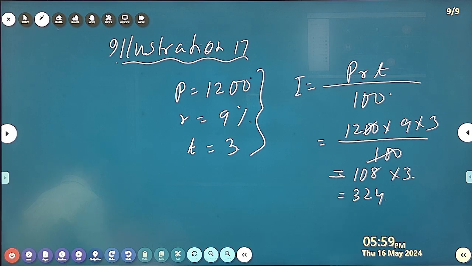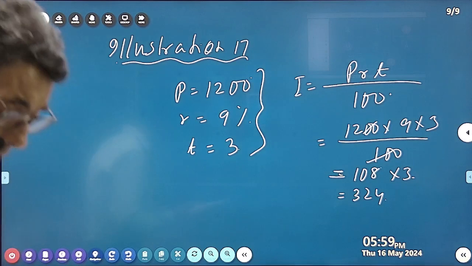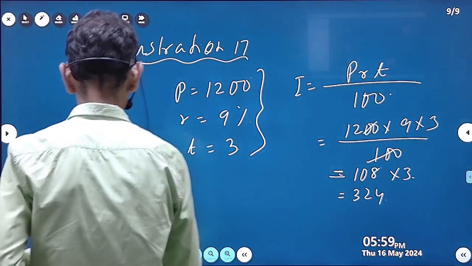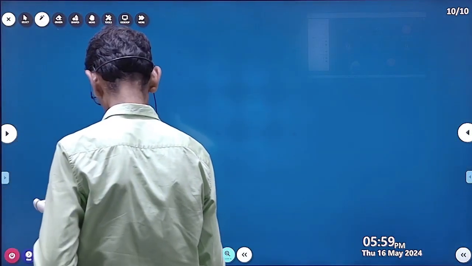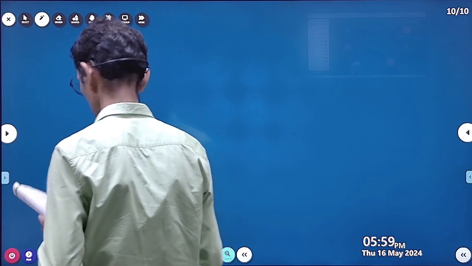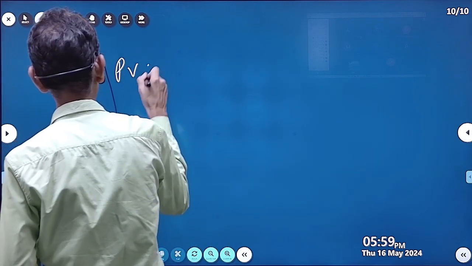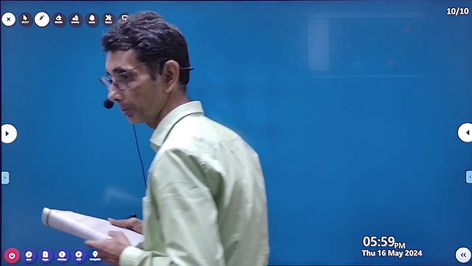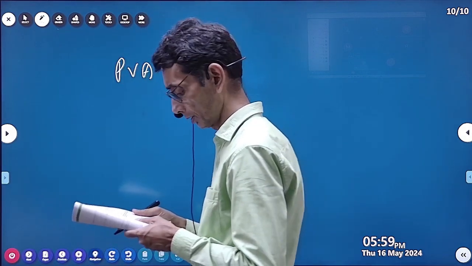Write, present value of an annuity. Present value of an annuity is given by this formula. PVA means present value of an annuity, right?